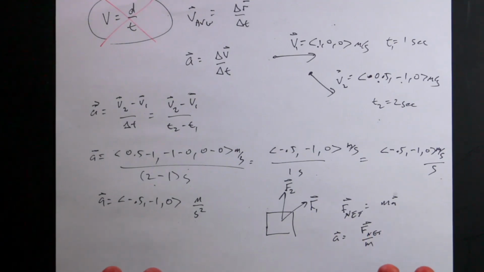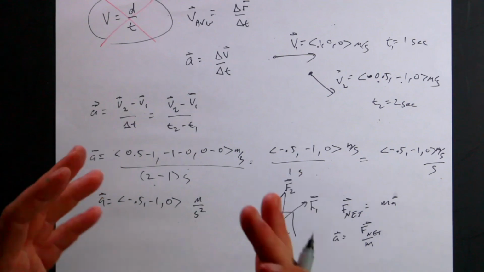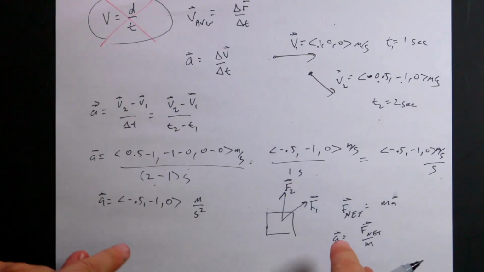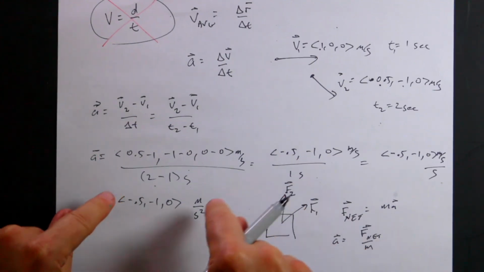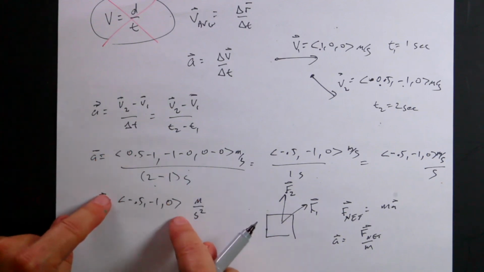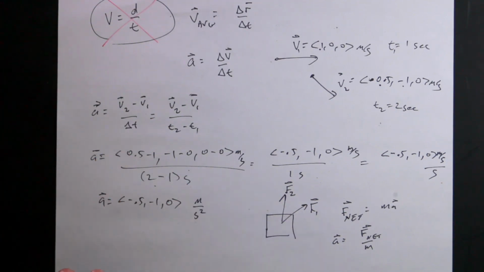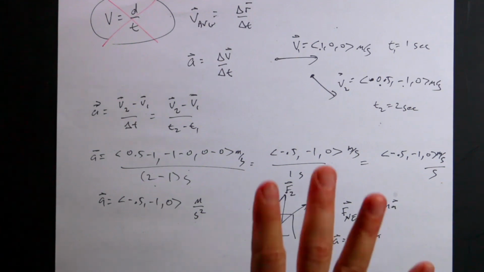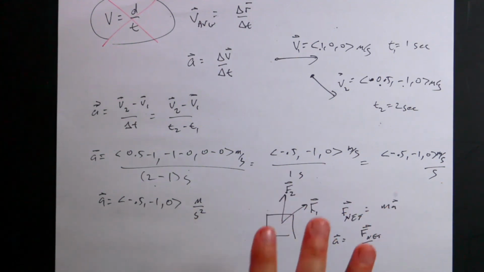Maybe I don't know one of the forces, okay? But this is where we're at. This is the last piece for Newton's second law. Now we know what the acceleration is, and we can use it in other problems. Okay, I'm gonna solve some more problems, but really that's the key stuff that you need to know.